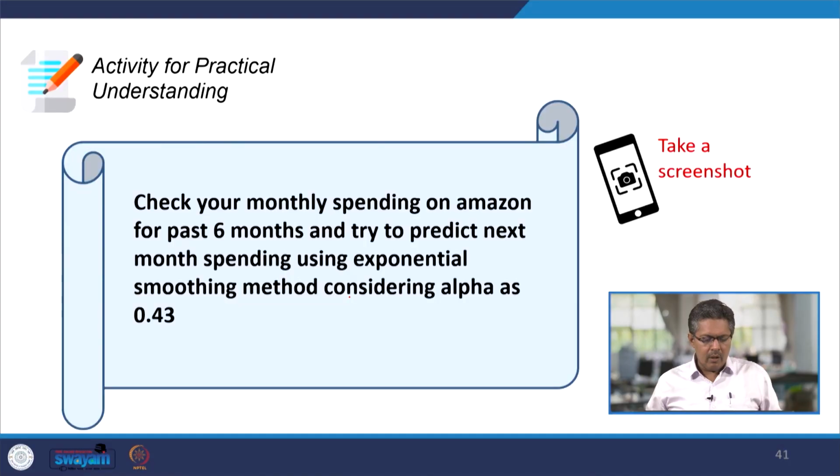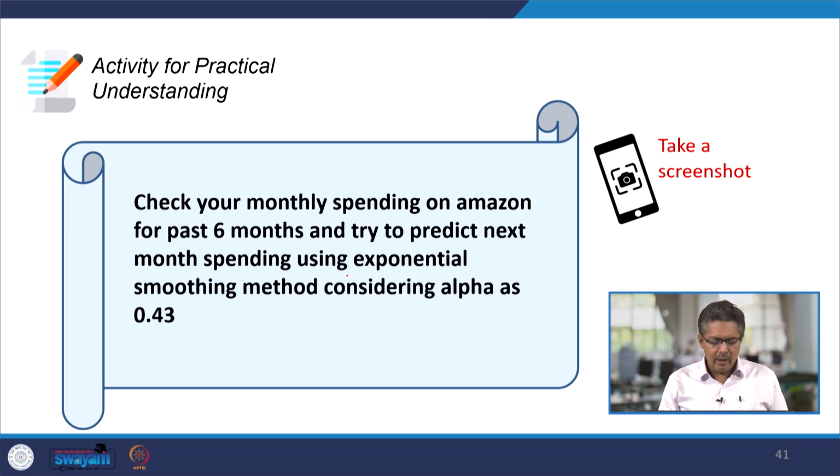So, this is what we have done. Now, what I will do is I will ask you to take it as an exercise. Check your monthly spending on, let us say, Amazon, or Amazon is just an example, on any online platform that you are using for purchasing, for the past 6 months, and try to predict next month's spending using all the three methods.